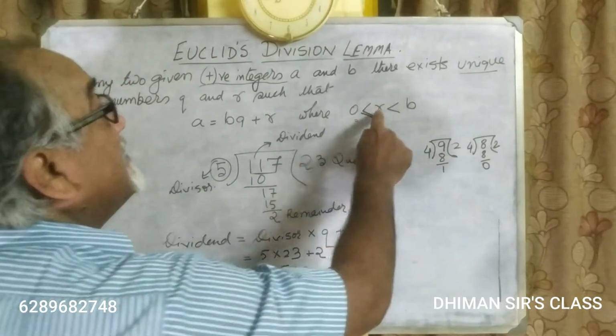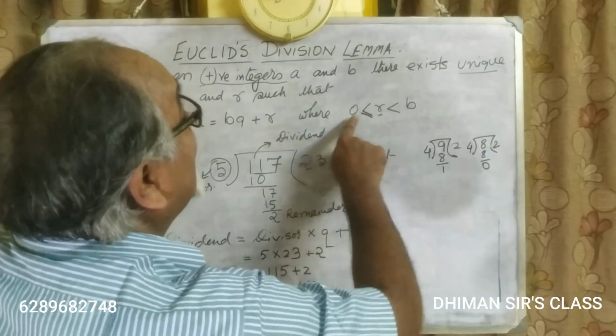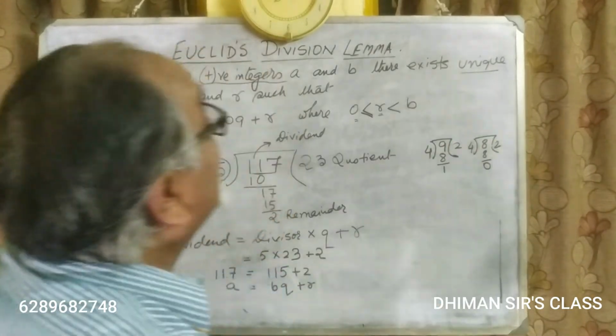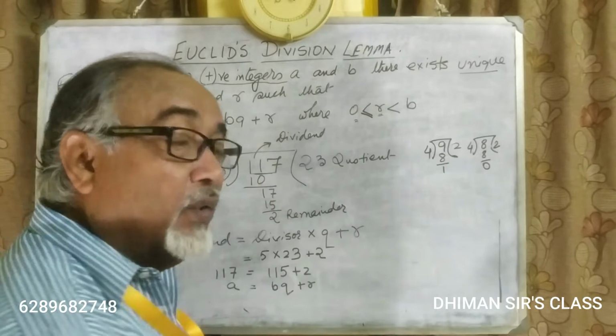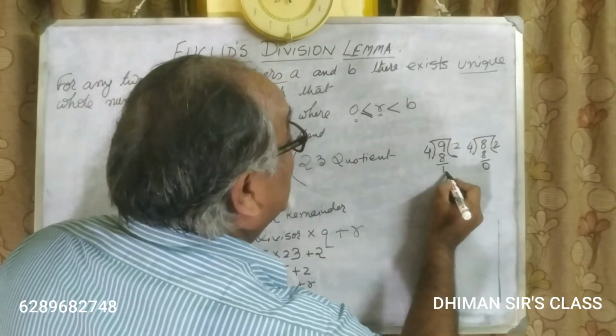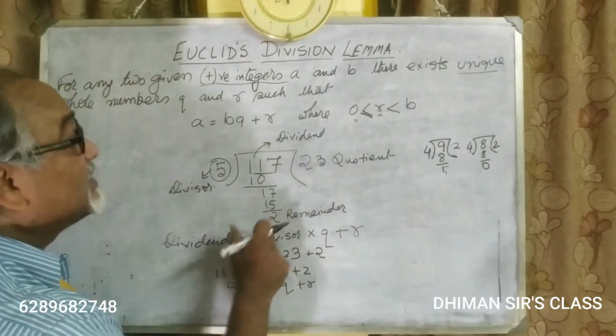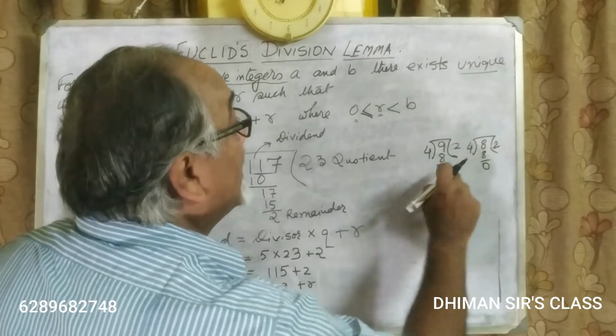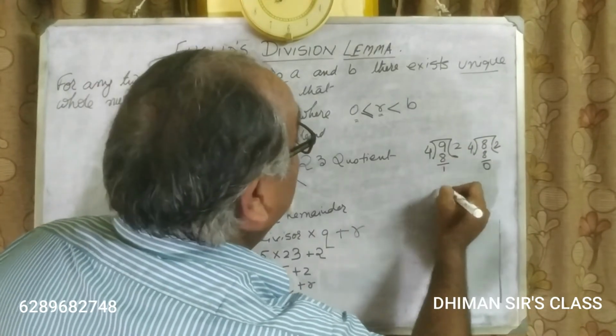Now remainder should be greater than or equal to 0, but this remainder should always be less than divisor. If it becomes 6, you will say 1, 5 ones are 5, it will become small. Always remember, if it becomes 5, 4 ones are 4, remainder 1.